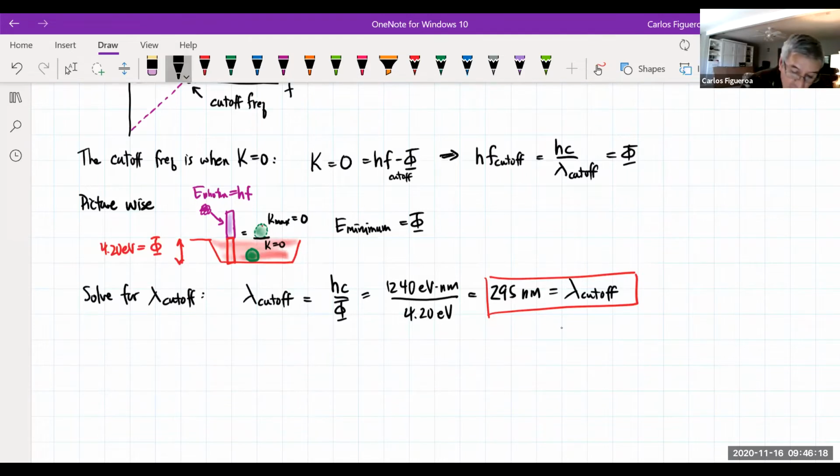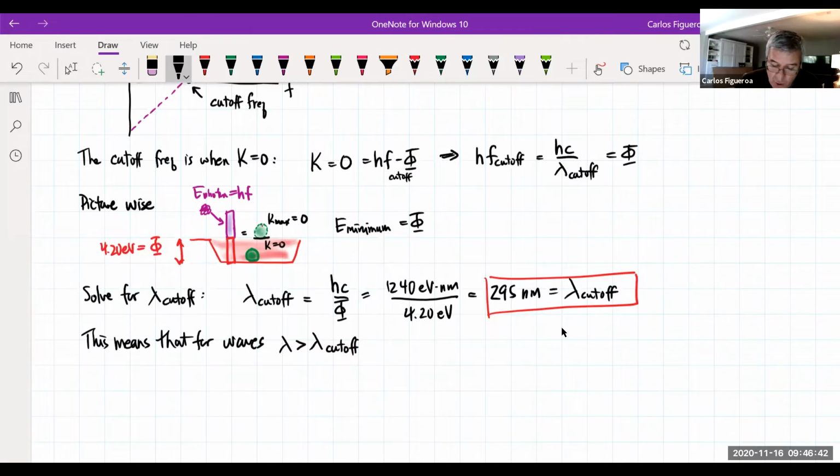So again, what does this mean here? This means that for waves with lambda greater than lambda cutoff, remember, shorter waves have higher energy. Longer waves have less energy.